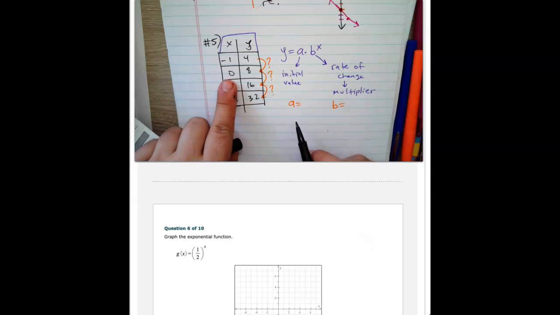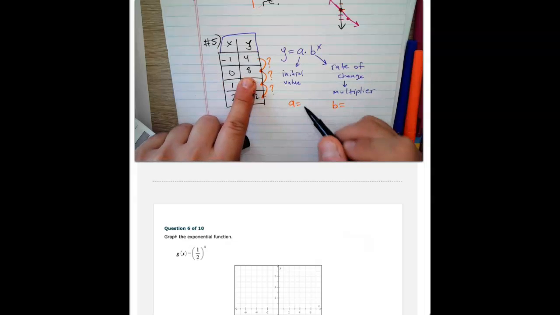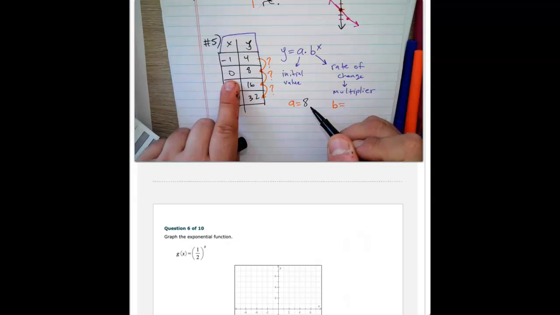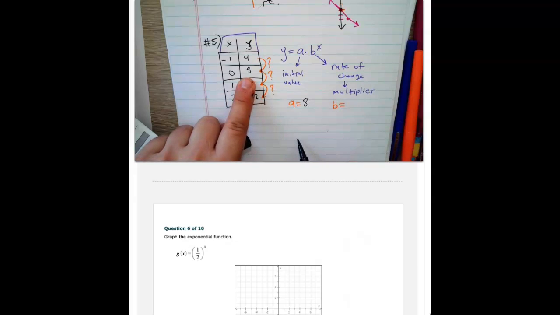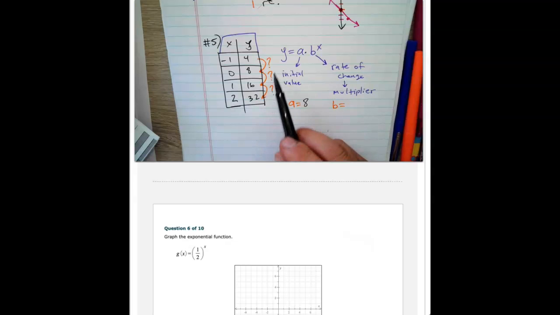So a is your initial value. You will find that where x is 0, it's the output. So a is 8. Again, where the input is 0, the output is the initial value. Again, where x is 0, the y is the initial value. And then, did anybody get what they're multiplying by?